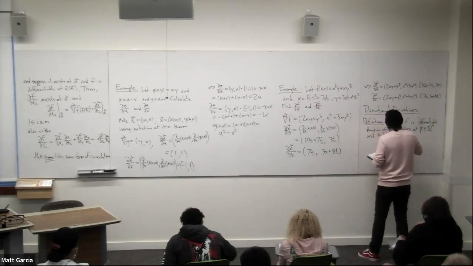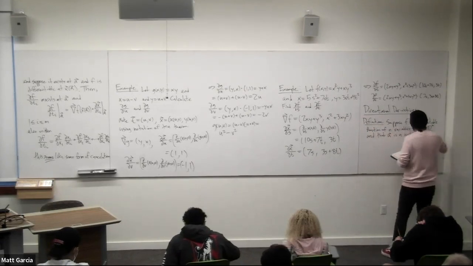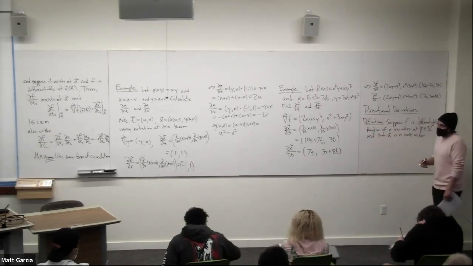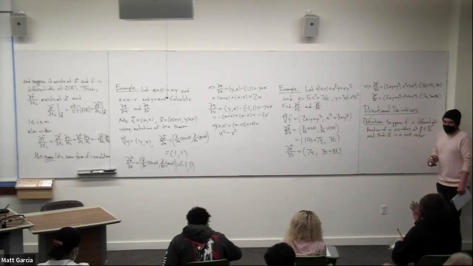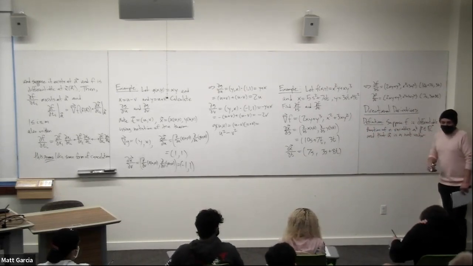That u hat is a unit vector. What's a unit vector? Yeah, it's just a vector with magnitude 1.